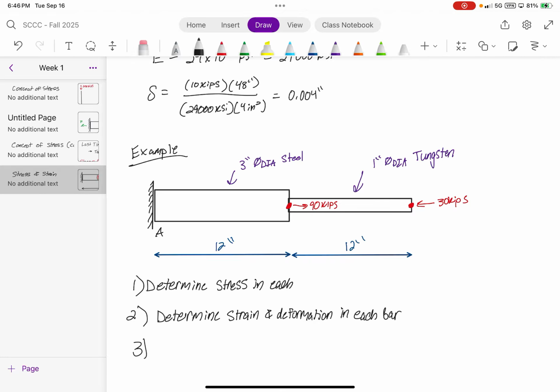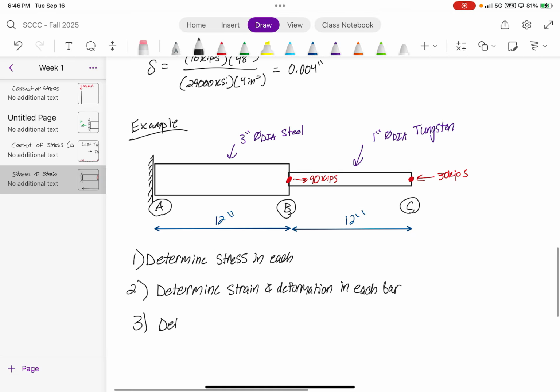And 3, if I label this A, B, and C, I want to determine the change in position of C.